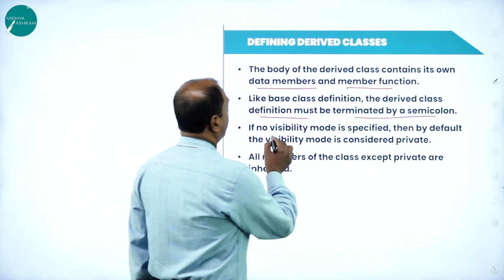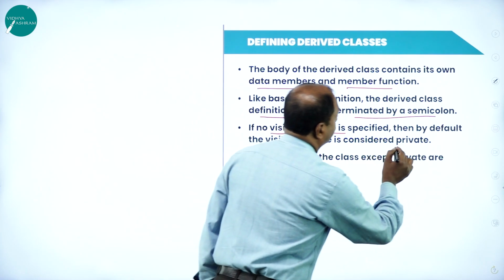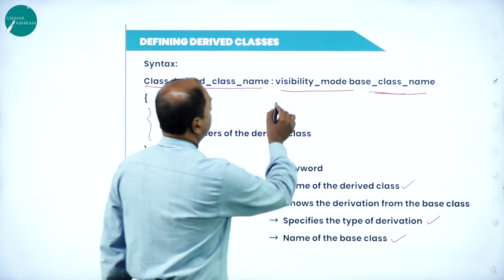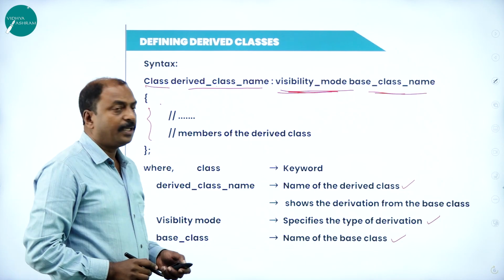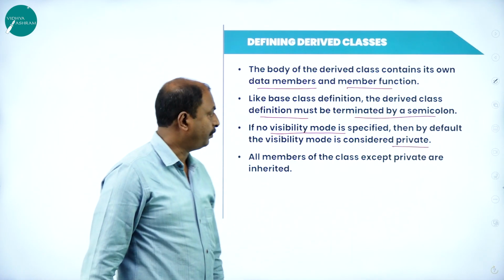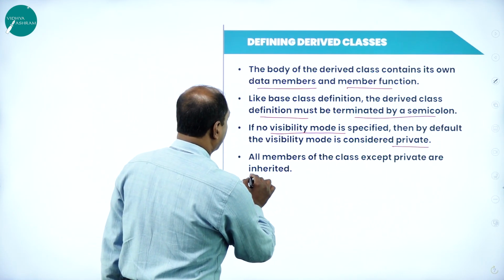If no visibility mode is specified, by default it is considered as private. If you look at the syntax here, this is the visibility mode. If you don't mention any visibility mode, by default it is considered as private. Next, all members of the class except private are inherited.